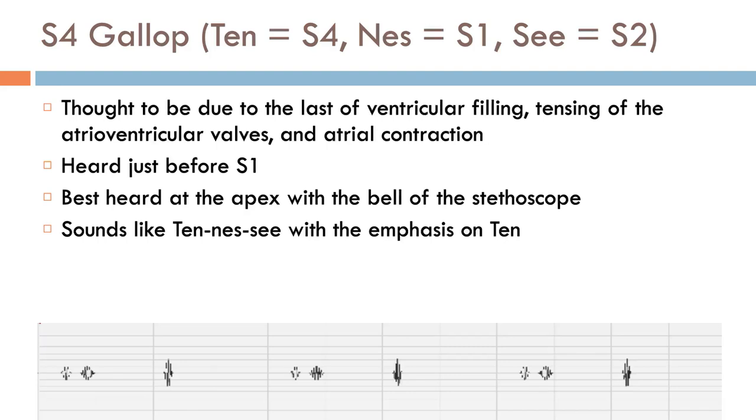The ventricles don't like it, so the blood gets pushed out too hard and they're already stiff, and that's how you get an extra sound. So that's what the Tennessee is. Yeah, the valves and all of that stuff having problems.